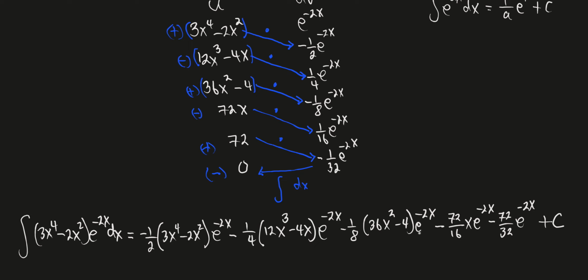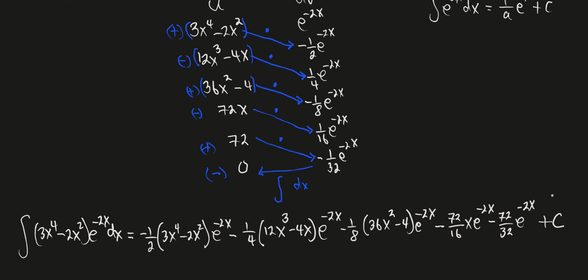Now, as far as simplifying, there's not much we can do. I mean, we can factor out an e because they all have an exponential in there. And then there will be some like terms because I see an x squared and another x squared, and there's an x and there is an x, but I'm not going to do that. I mean, that's all algebra.